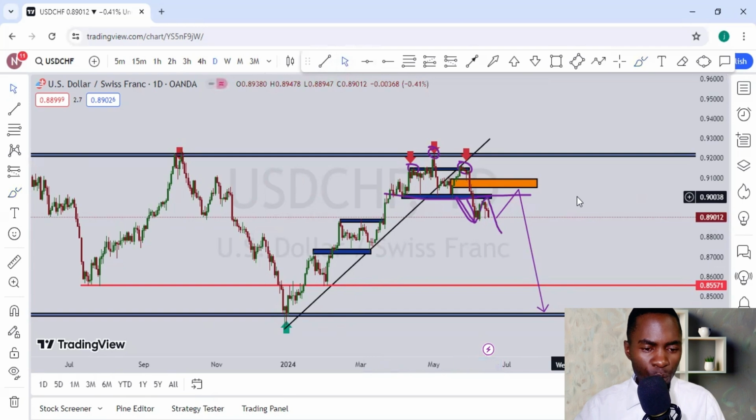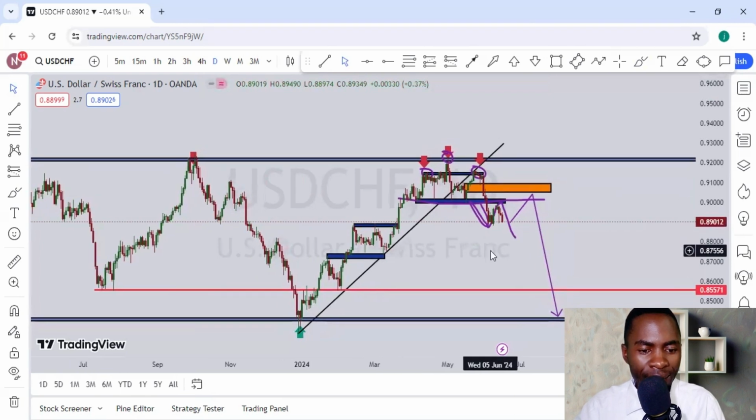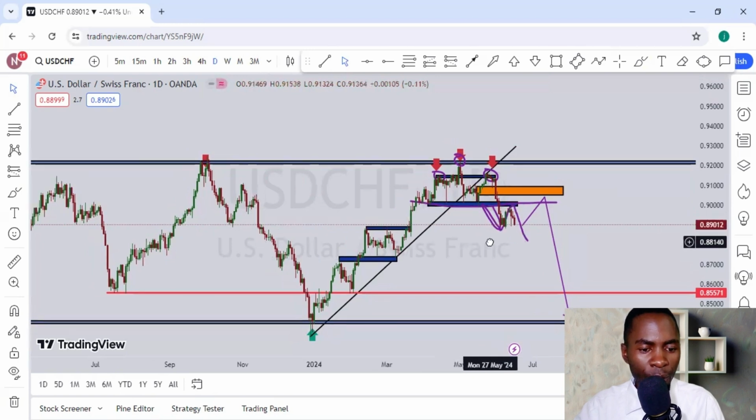So this one to me also seems like a good setup because the market retested. I've told you about break and retest on support and resistance. So this is also kind of a support and resistance. The market broke the support and also formed a resistance on the top.